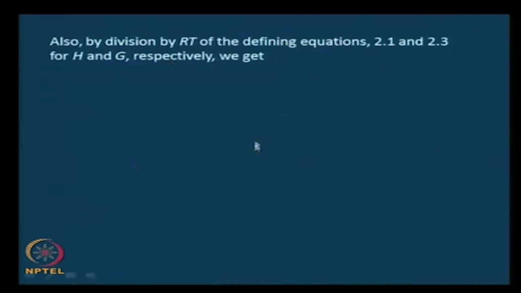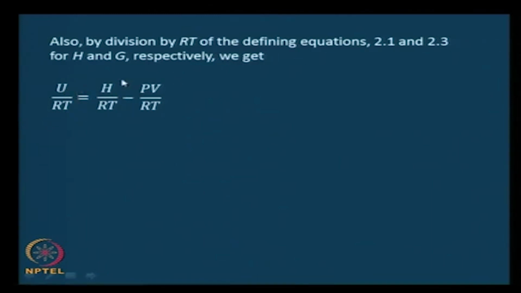By dividing equations 2.1 and 2.3 by RT, this will come back to you straight away. You don't need to go back. H equals U plus PV. Therefore, U equals H minus PV, and you divide throughout by RT.